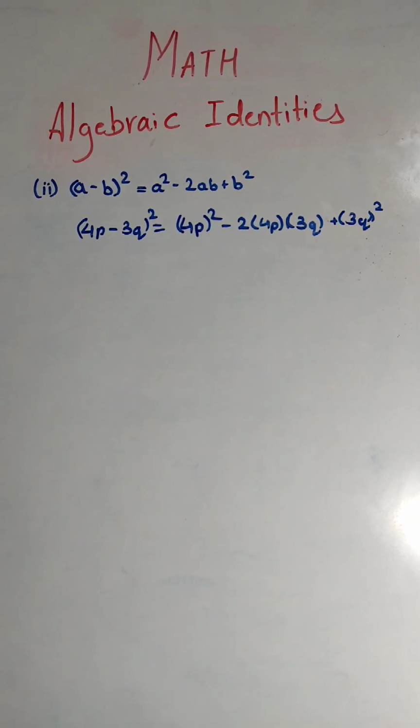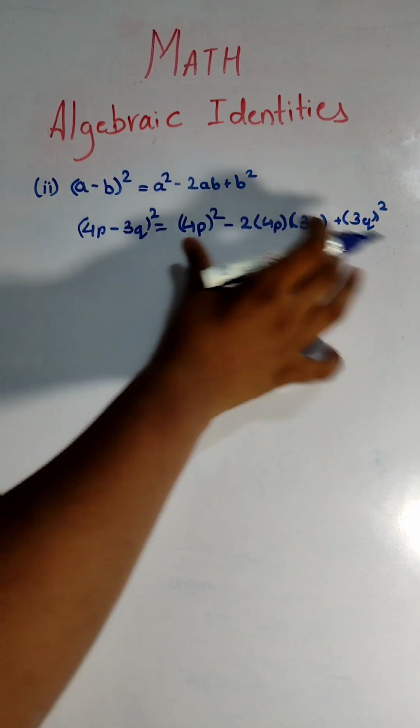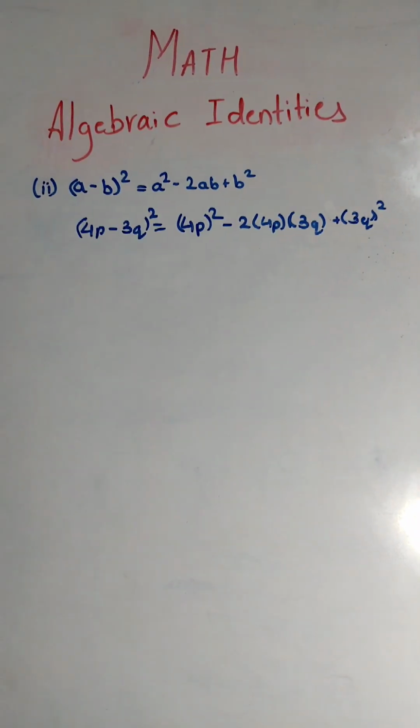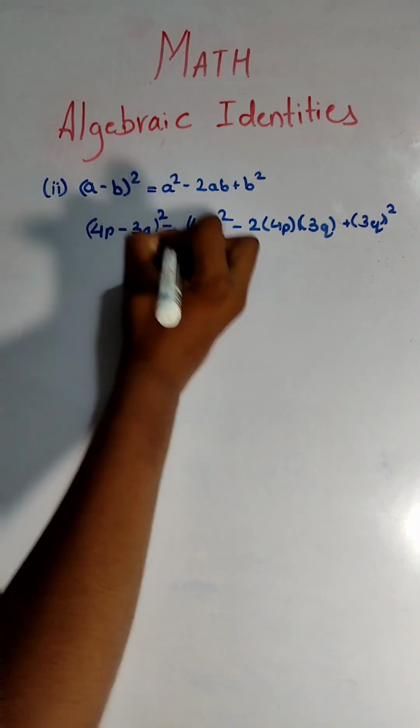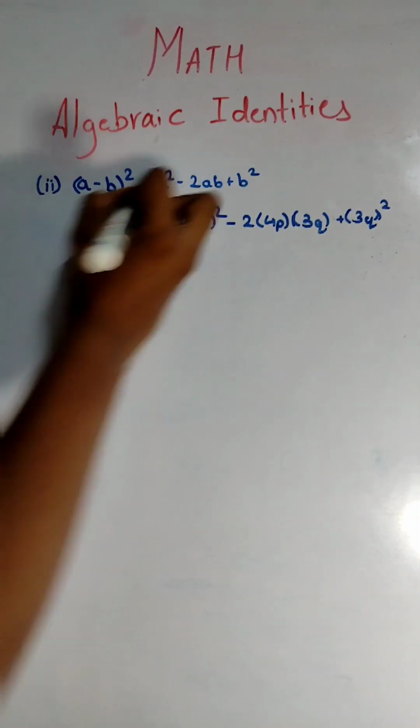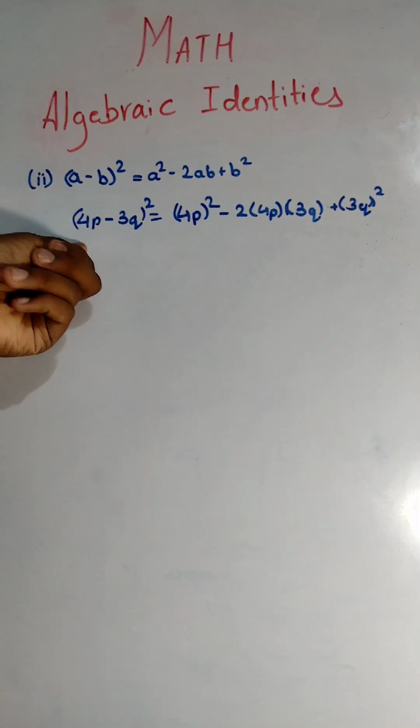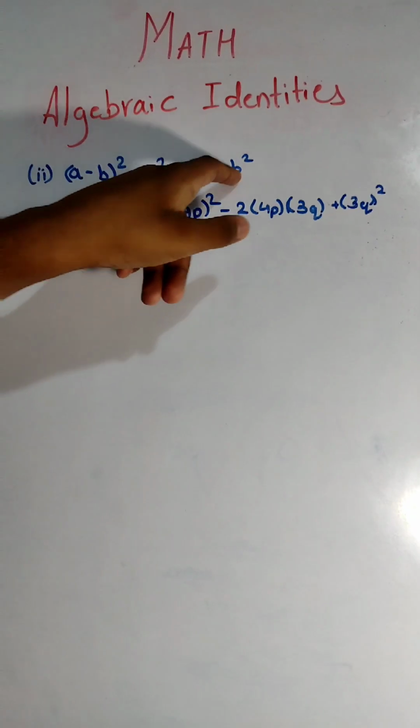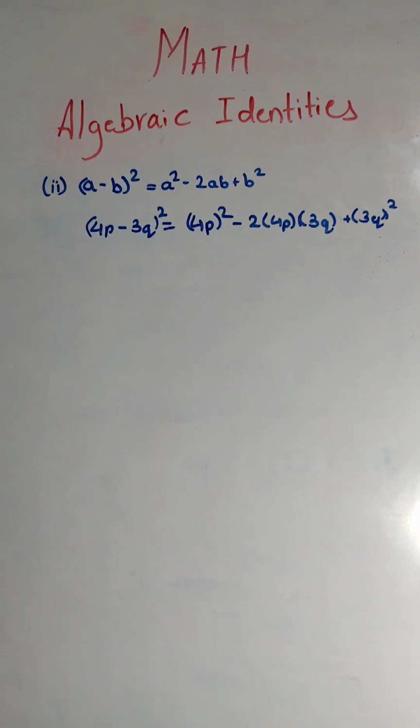Okay, so now let's simplify this and get the actual answer. All we've done is given a wherever a is there, the value 4p, and wherever b is there, the value of 3q.